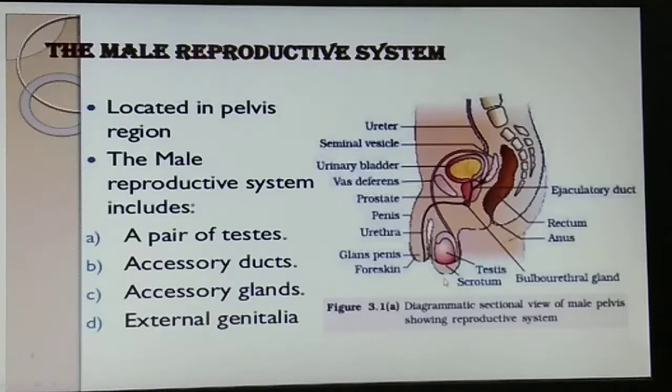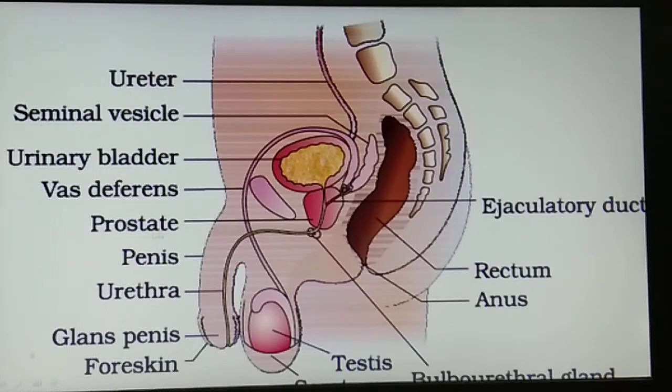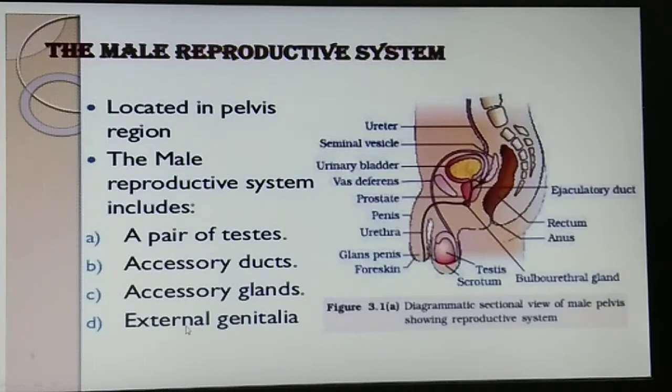Now the accessory ducts and accessory glands that are associated, you can see the prostate, the seminal vesicle, the bulbourethral, fine. And the last one is external genitalia.